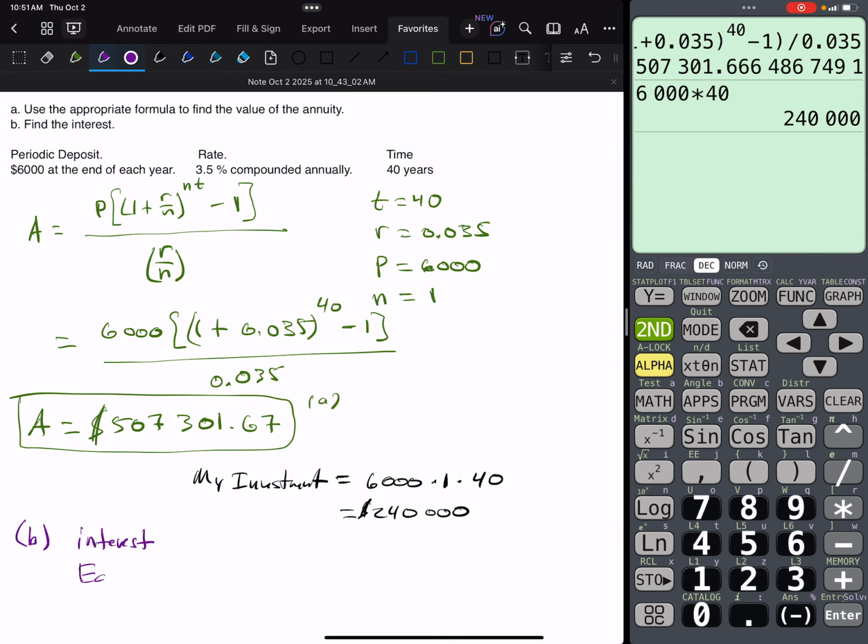or my earnings, we'll use those to mean the same thing, is going to be my future value minus my investment.